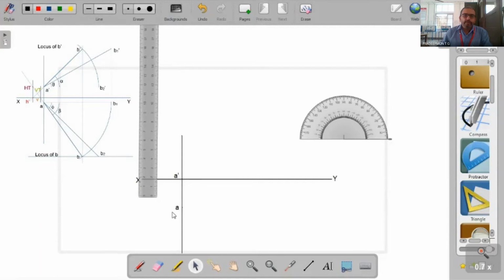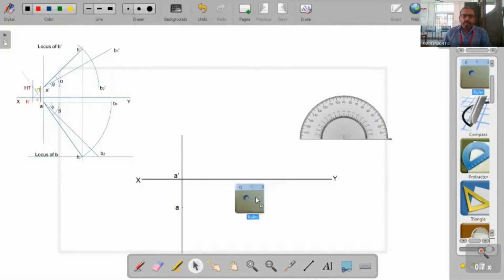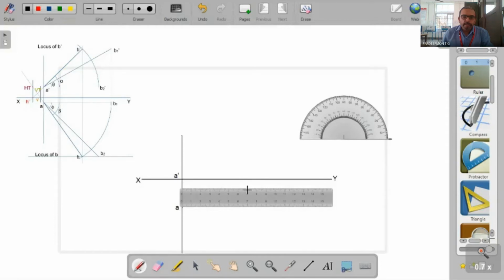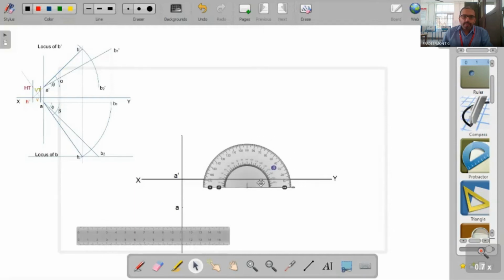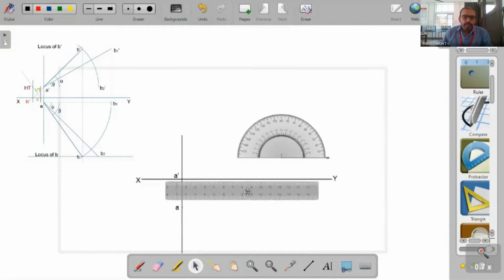Now we need to draw another projector, which is at a distance of 70 from the first projector. So from this line you mark a 70 millimeter distance. It is always better to mark it on the XY line itself.